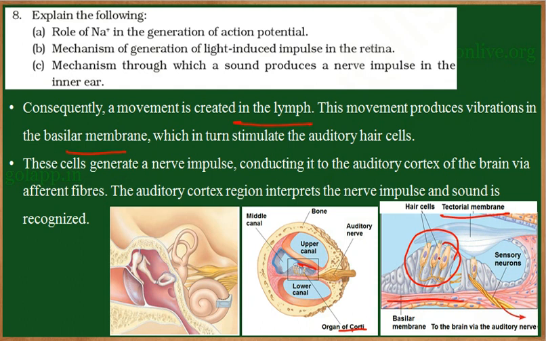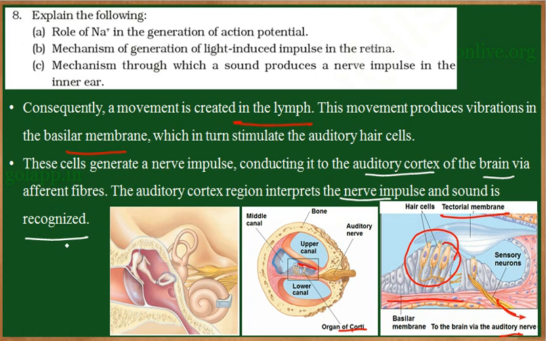There is a change in the permeability of the membrane. This action potential is transported to the sensory neurons, that is the auditory nerve. And the auditory nerve carries the information to the auditory cortex of the brain, and this part of the brain analyzes the nerve impulse and recognizes the sound.